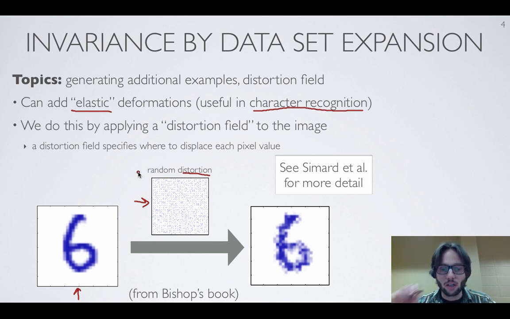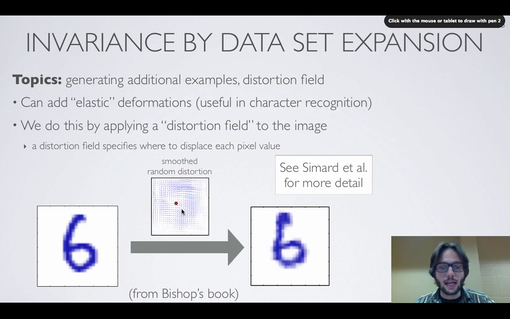They're generated here using a Gaussian, where each vector is generated independently, from a two-dimensional Gaussian. Now if we apply that distortion field to the image here, for instance, we'd get something that's actually a bit noisy. It's not a very convincing 6, and it just looks like we've added some noise.